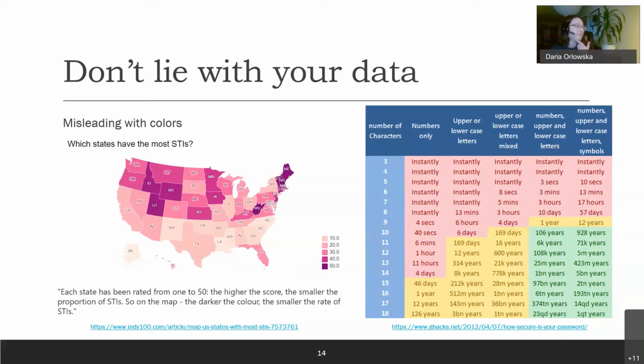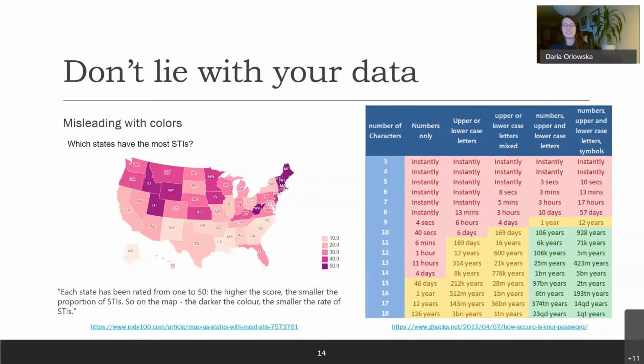So this is not maybe the best sort of visualization, and it can be misleading. The one on the right is a type of visualization where it shows password security and how strong your password is. But even though the data is saying one thing, there are colors that are highlighting another thing. So this is coming from a business that deals with password protection and password managers.